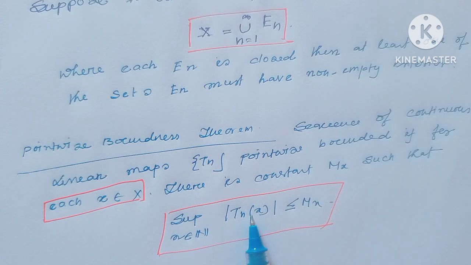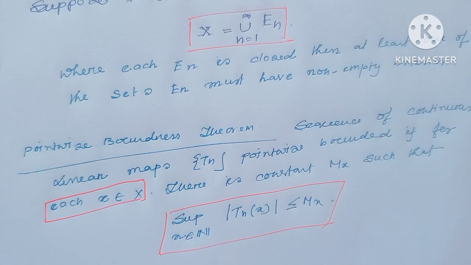Here n varies and 2 is fixed. And this holds for each x in X. Then this sequence of continuous functions is called pointwise bounded.